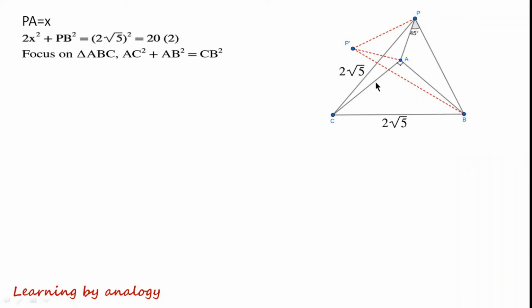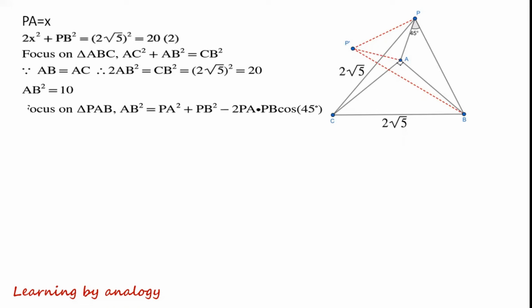AC squared plus AB squared equals CB squared, and because AB equals AC, 2AB squared equals CB squared equals (2√5) squared equals 20. AB squared equals 10. Focus on triangle PAB.